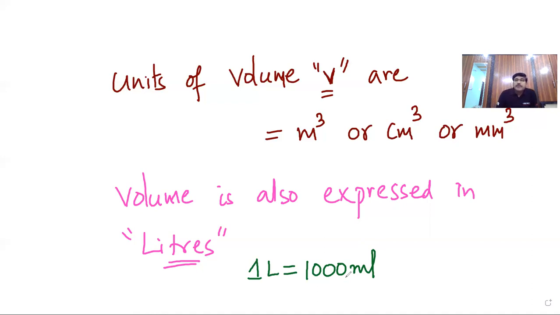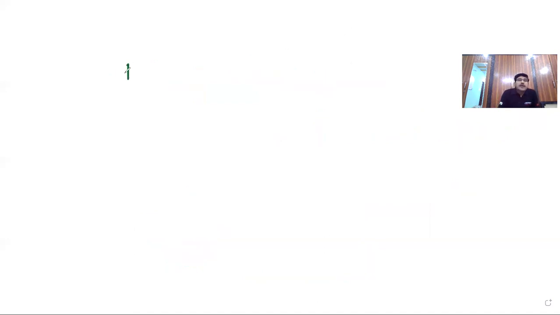And remember, 1 ml is equal to 1 cc, cubic centimeter. So 1 milliliter is 1 cubic centimeter.